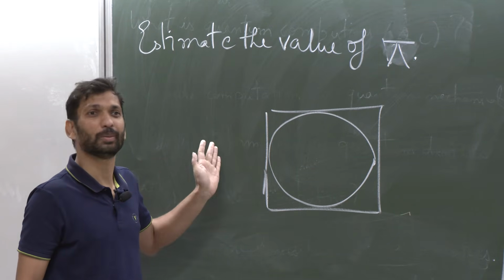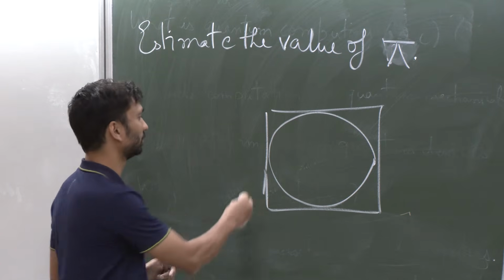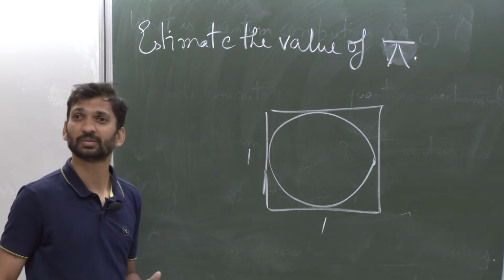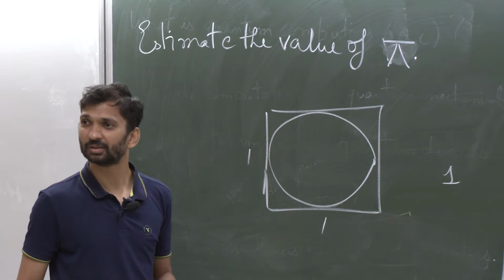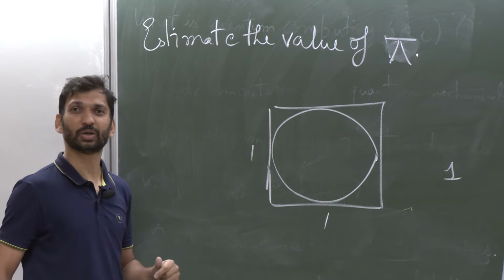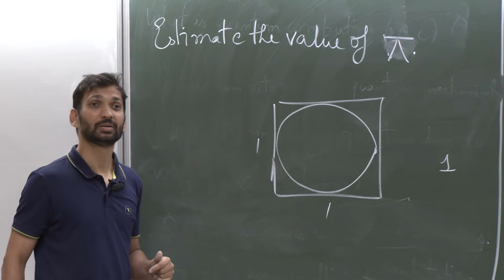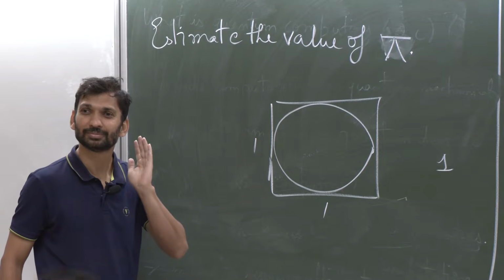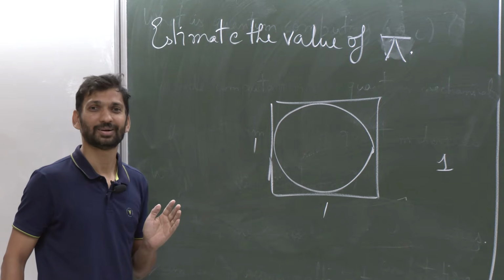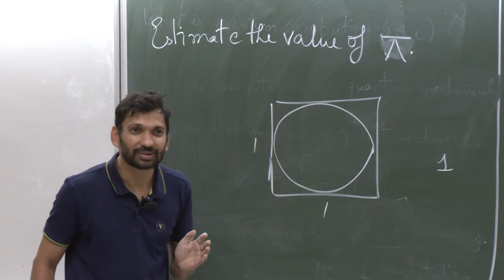Correct? What do I mean by that? What is the area of the square? 1. Correct? What is the area of the circle? Pi? Seriously? Pi square?